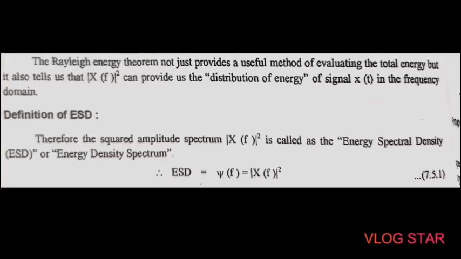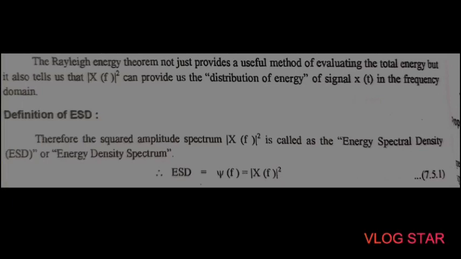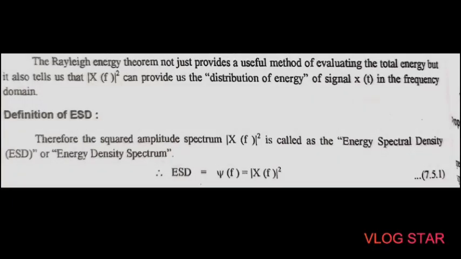Okay, then the energy signal is the one having finite non-zero total normalized energy. So the normalized energy has also been defined in the previous section. So it is observed that almost all the non-periodic signals defined over a finite period are energy signals. Okay, so as these signals are defined over a finite period, they are called time limited signals.